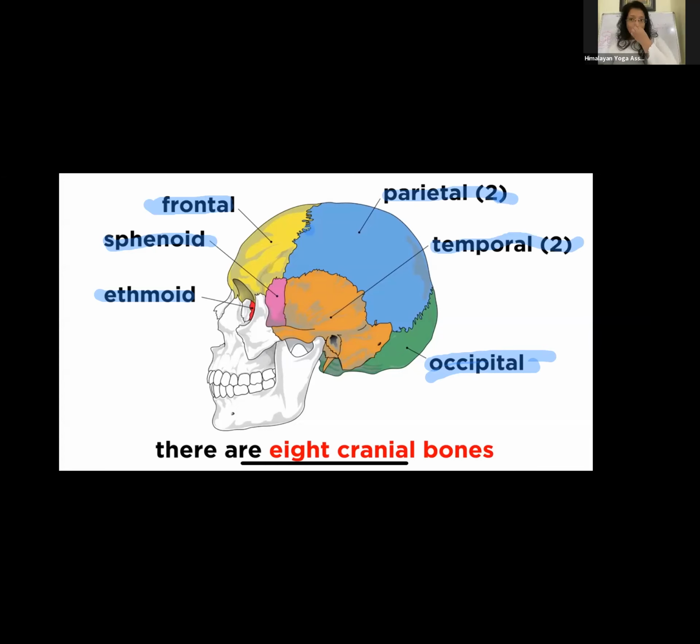Now you see that this skull, you feel that it is one single bone, but here we see different bones, 8 in number, and they are of different colors. This is just diagrammatic, to show that there are different bones. Do you get this confusion, that is it just one single bone or so many bones that we are studying?